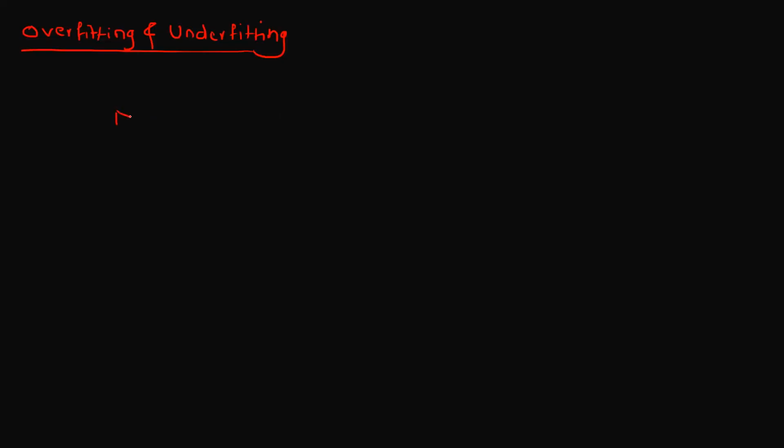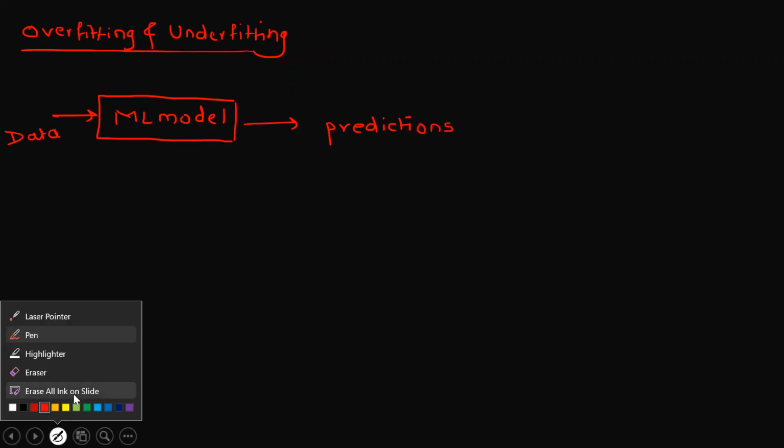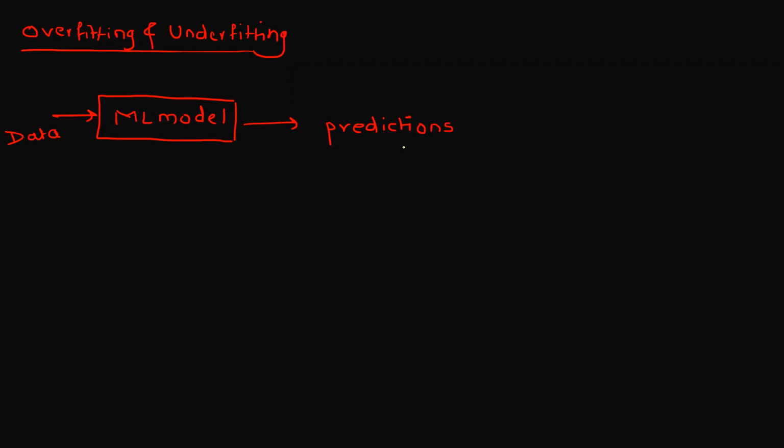So we know that we have a machine learning model, an ML model. This ML model takes some data, and based on the data, it makes some predictions. These predictions can sometimes be accurate, or sometimes not that accurate, so we will call them inaccurate.